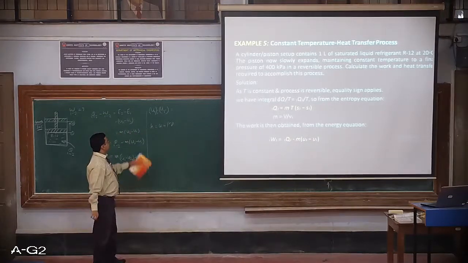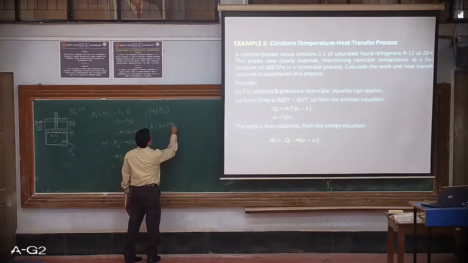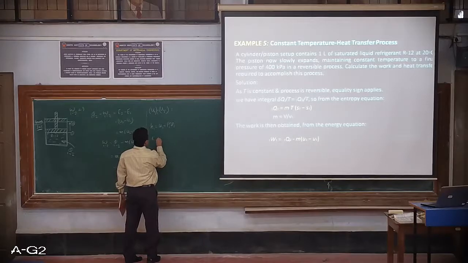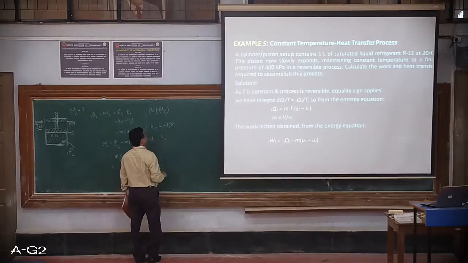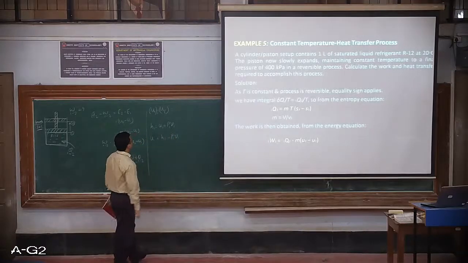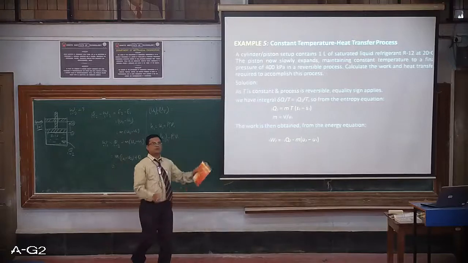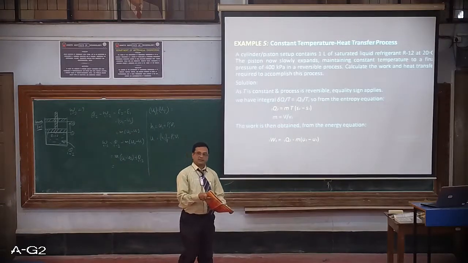Since I want U1, I'll write H1 equals U1 plus P1 V1. So U1 is equal to H1 minus P1 V1. Here H1 means it is Hf at a temperature of 20 degrees Celsius from R12, which is given here.